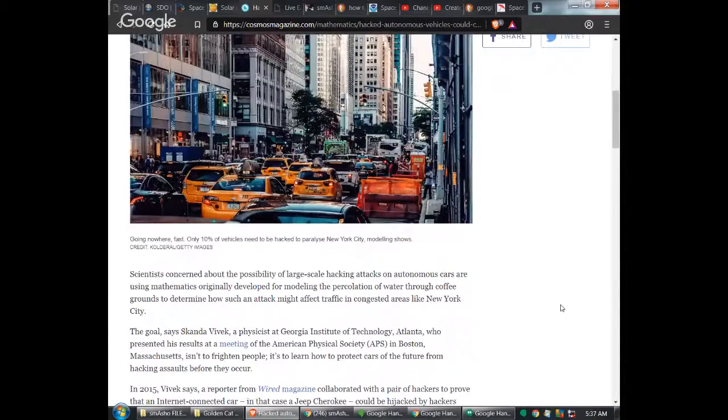Now, yes, it'll be more efficient once all the systems are in place and once they're safe and once they work well. Yes, it will be more efficient. I've been calling for the breakdown of the internal combustion engine since the 1980s. I'm not in the pocket of oil companies, folks. I realized when I was in junior high that internal combustion engines are wasting about 20% of the energy put into them.